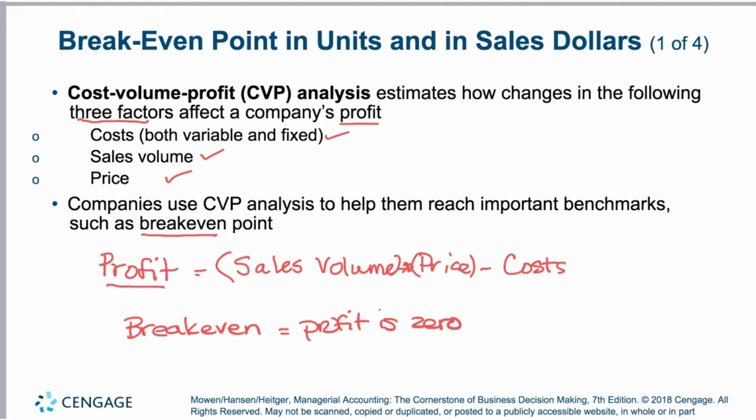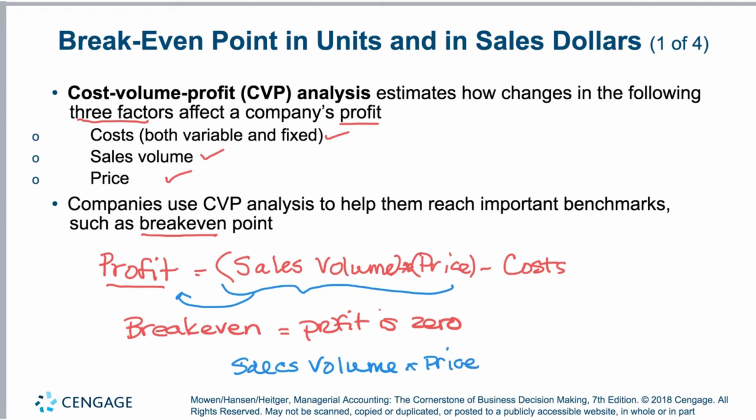And what that means, and we'll see this on upcoming slides, is that if you take this piece and bring it over to this side of the equation, then your break-even point gives you the level where the sales volume times the price, or the revenues, are equal to your costs.